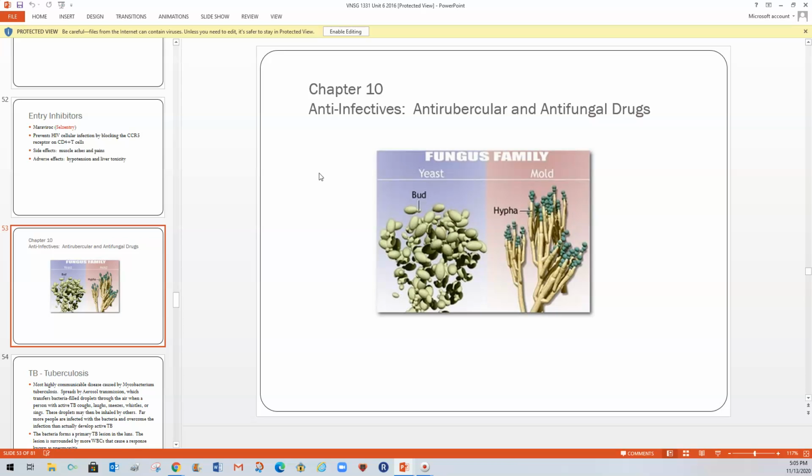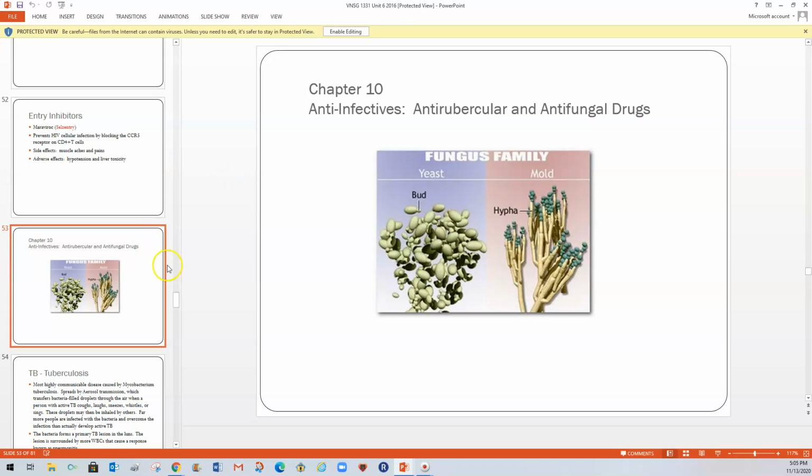Truvada in combination with other drugs is used now for sexually transmitted diseases. They have some new drugs on the horizon for pre-exposure prophylaxis, and one is Truvada. You need to know that. Okay, know the key points in Chapter 9.